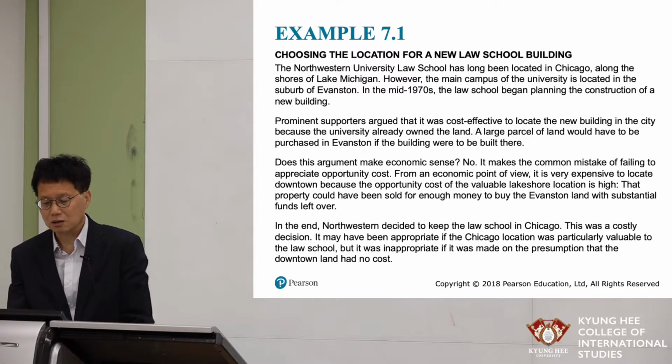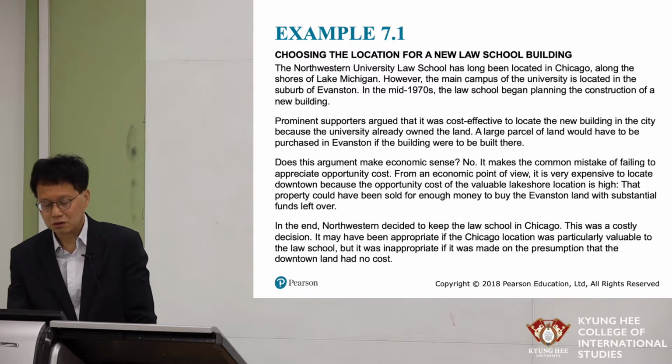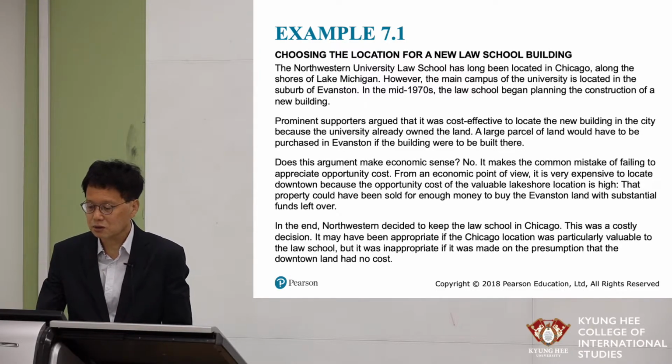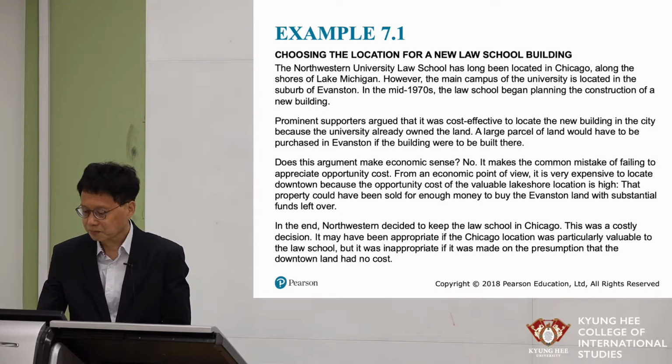Next slide. Example 7.1, choosing the location for a new law school building. So that is a United States example, Northwestern University, located in a suburban area of Chicago, right? But this university has some offices in the urban region, the city region. Anyway, they want to use some buildings in Chicago city.